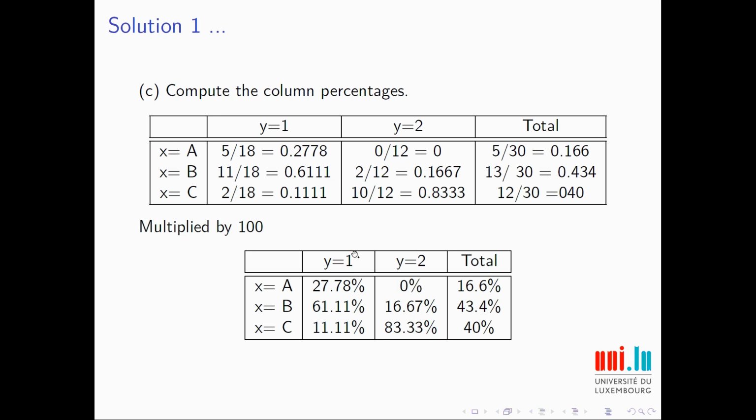It means that for variable y, the value 1 appears most probably with pairs with B. Let me add an annotation. This is the most frequent pair, B1. For y equal to 2, the most frequent pair is C2.